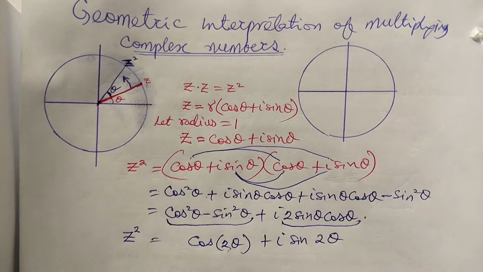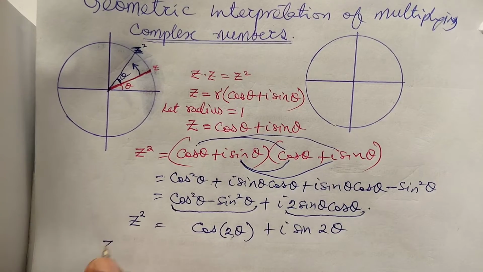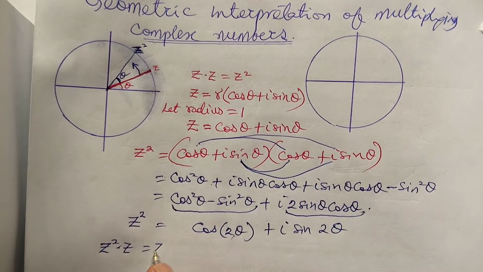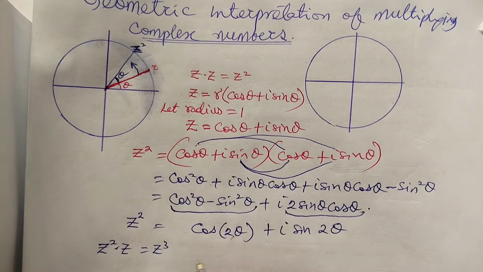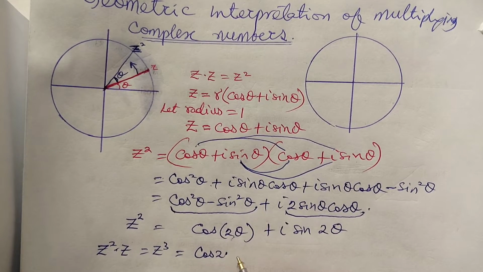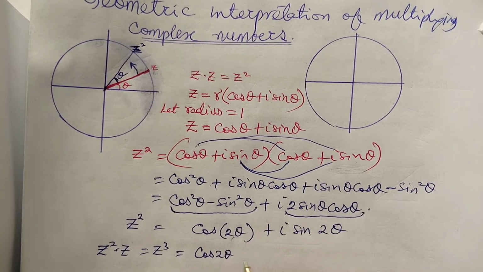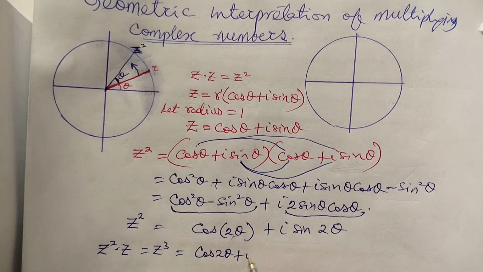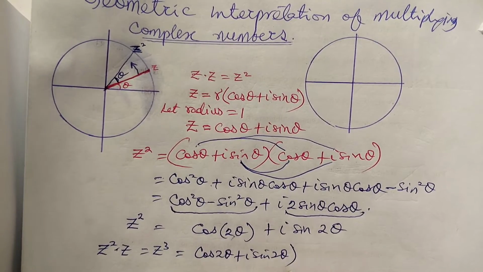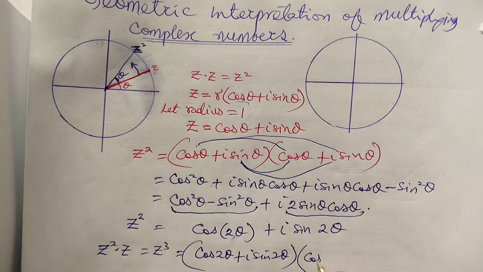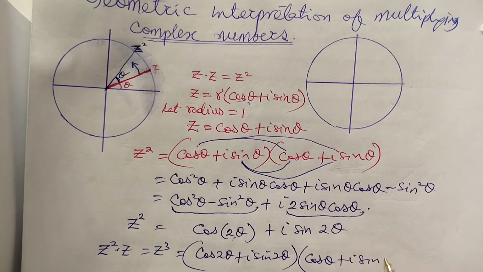So what if we multiply again by another one, so that we have z cubed? We are going to do cos 2 theta plus i sine 2 theta, times the normal vector, cos theta plus i sine theta.